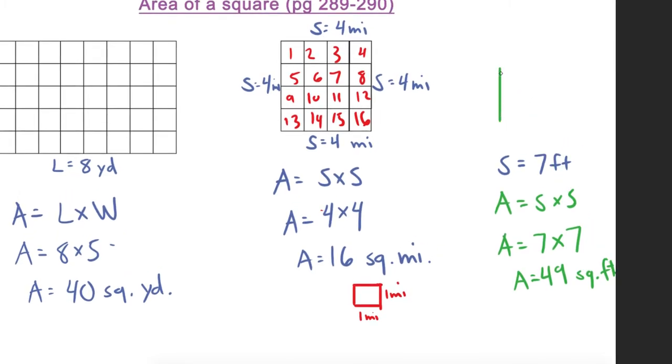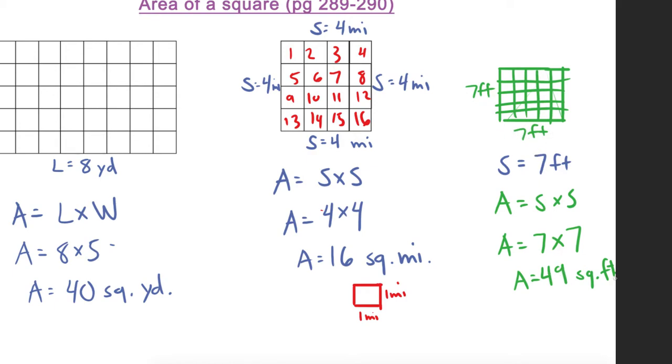So if I had a pretend square here, let's say one side is 7 feet. The length is 7 feet wide, 7 feet tall. If I want to figure out what the area of the square is, I just need to multiply one side by the other side.